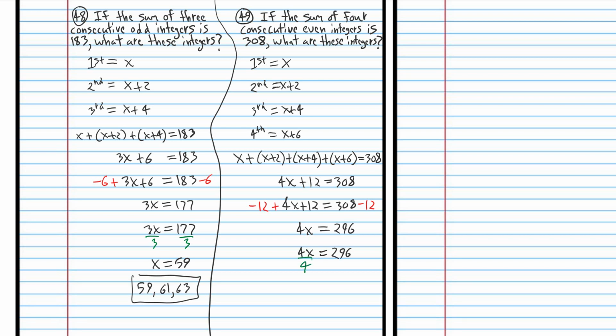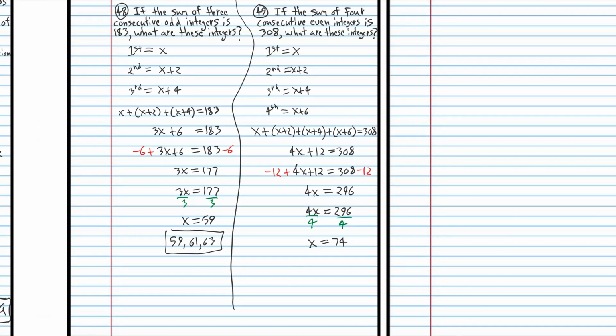Divide both sides by 4. And x is equal to 296 divided by 4 is 74. So the smallest of those even integers is 74. So that means the next biggest one has to be 76, and the next biggest one has to be 78, and the next biggest one is 80.